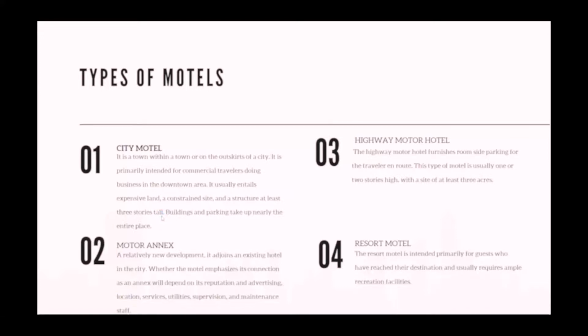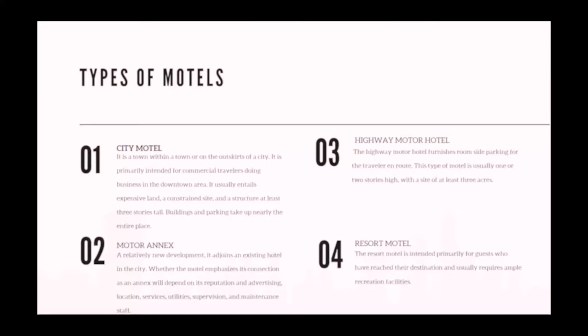It adjoins an existing hotel in the city. Whether the motel emphasizes its connection as an annex will depend on its reputation and advertising, location, services, utilities, supervision, and maintenance staff. So it is usually connected to an existing hotel.